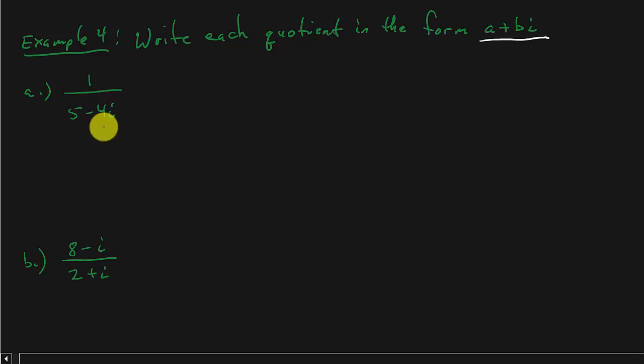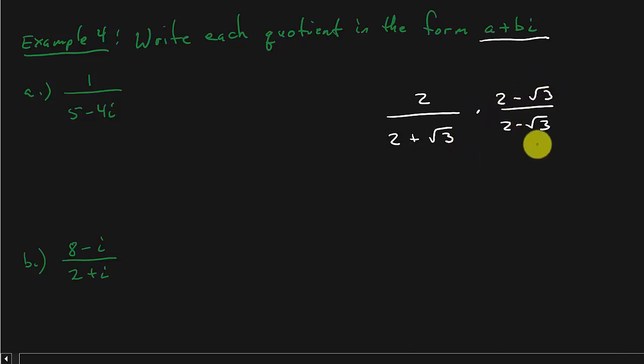What this might remind you of, if you're at this point in your college algebra class, is rationalizing a denominator. Remember what you did? You multiplied numerator and denominator by the conjugate of the denominator, and that got rid of the radical in the denominator.